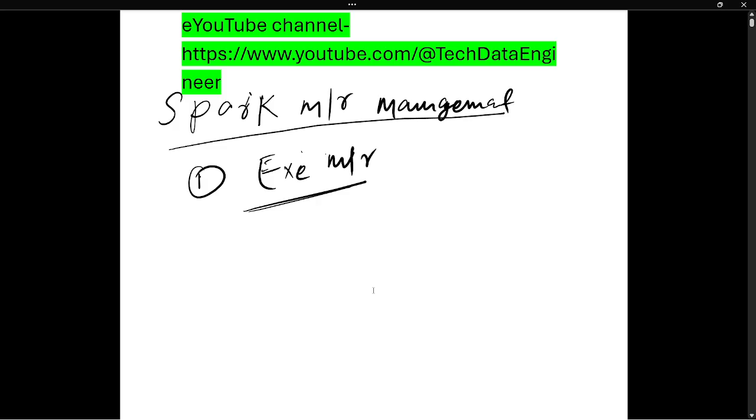Let us consider executor is like a factory. Under the factory we have workers inside the factory. So the factory is an executor and a worker inside the factory is a task. Whatever task we are processing in PySpark is like a worker under the factory, and the raw material and the temporary tool whatever we are using, that is the memory.